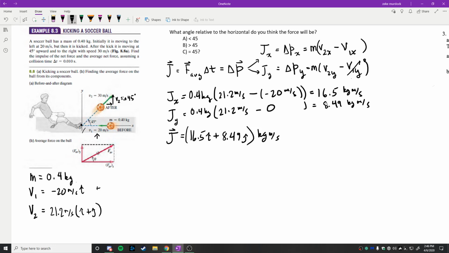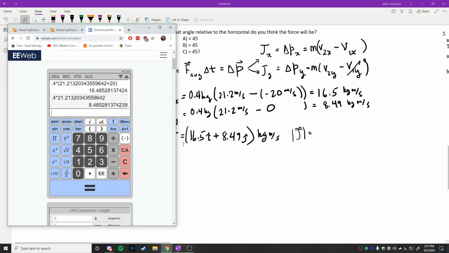We could also write it in terms of magnitude and direction if we wanted to. If we take J and we want to find the magnitude of this, it should be equal to the square root of, I'm just going to do it on the calculator to save a little bit of time. We need the Pythagorean Theorem.